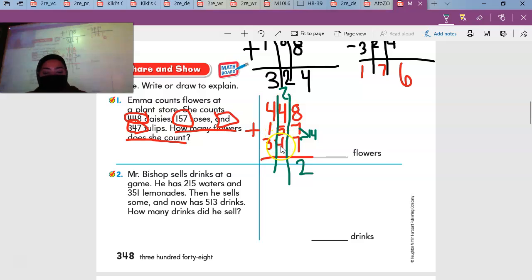I know 4 plus 4 is 8. And I know 8 plus 2 is 10. And I know 10 plus 5 is 15. So I bring the 1 in the hundreds place and the 5 in the tens place. I know 4 plus 1 is 5, and I know 5 plus 1 is 6, and I know 6 plus 3 is 9.